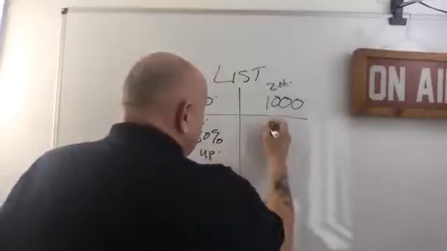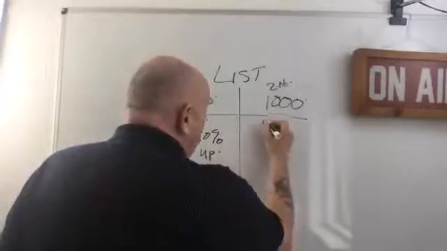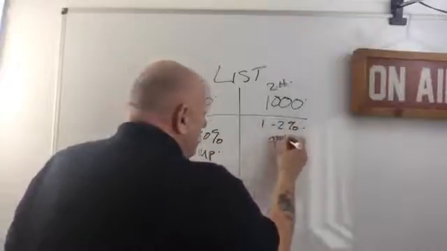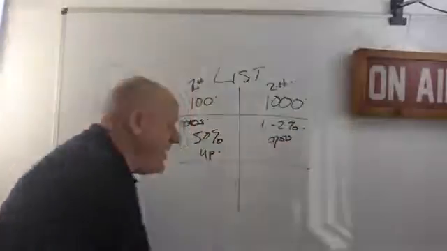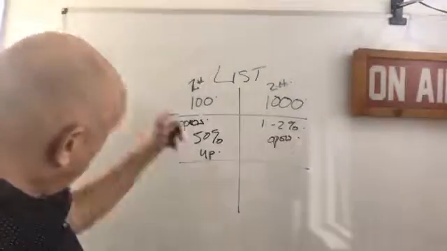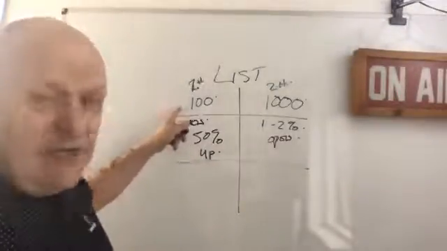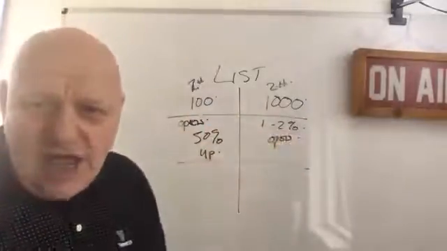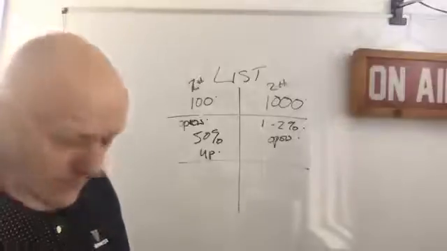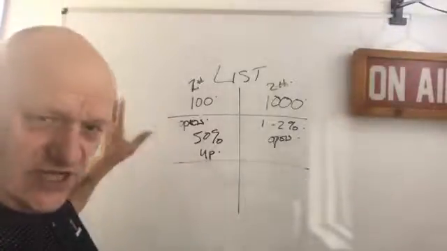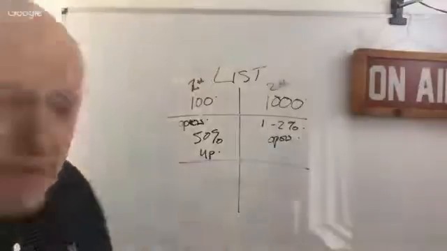This one has between 1 and 2% open rate. Now, I want to ask you again, what email list would you rather have? You would rather have this 100 email list, or you'd rather have this 1% to 2% open rate of 1,000? Well, I think you'll agree with me. The list that you want is the one where people open your emails, okay?